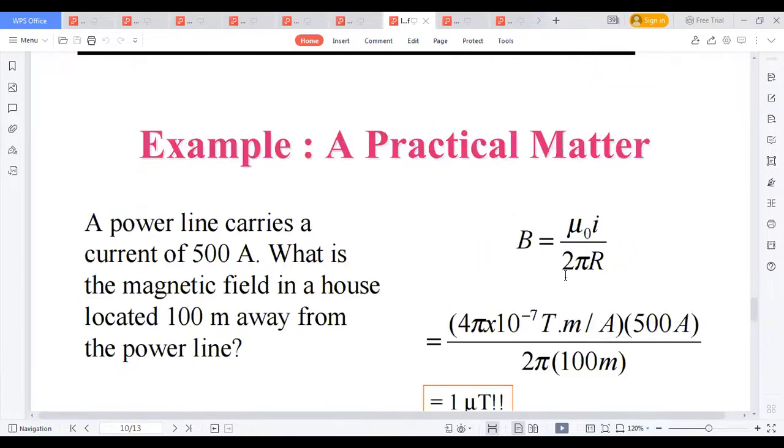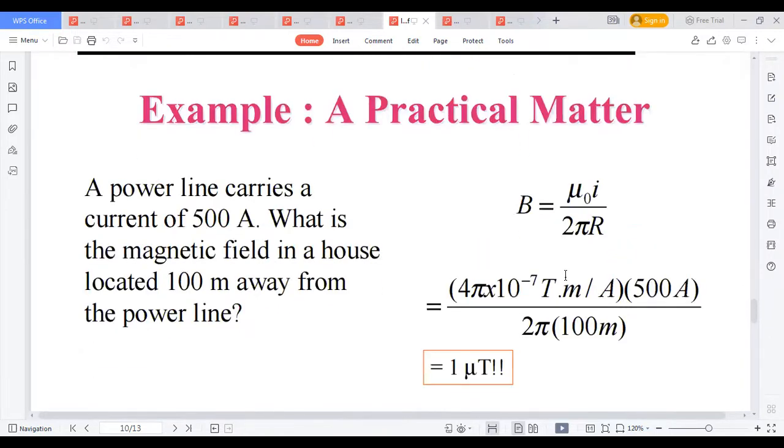Now we can solve some practical examples using Biot-Savart's law. A power line carries a current.